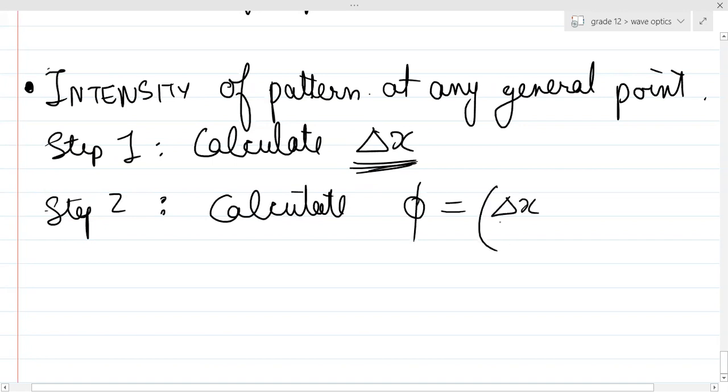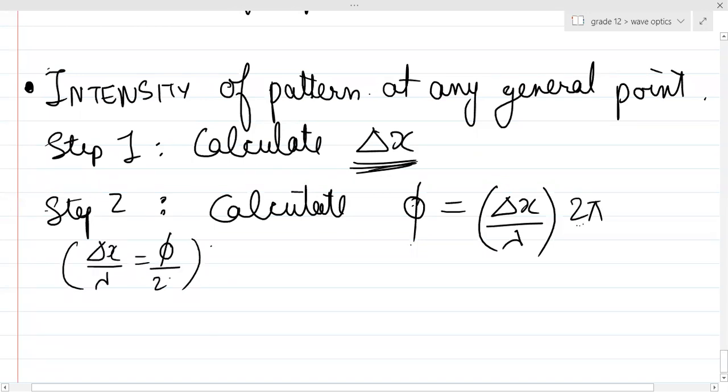Phase difference is delta x by lambda into 2 pi, and phi upon 2 pi is delta x by lambda. So I can rearrange this. Always remember this relation, it will be most helpful to you. Delta x upon lambda is phi upon 2 pi.